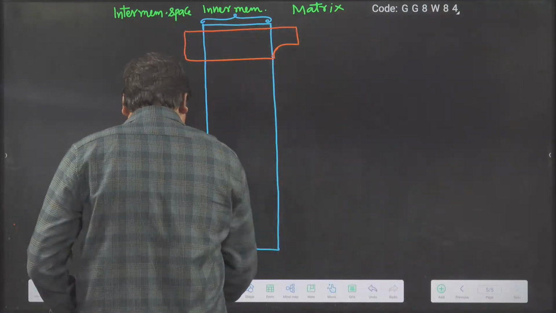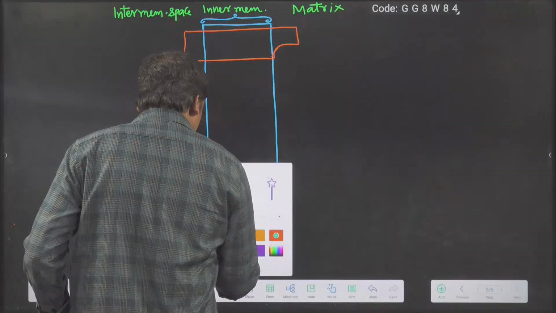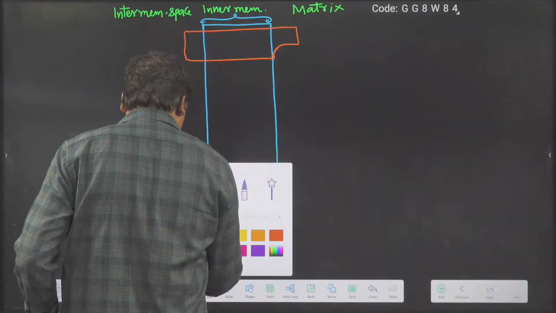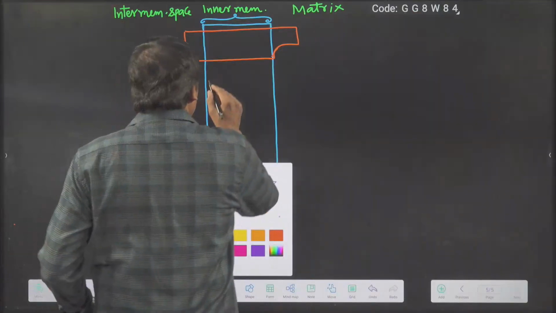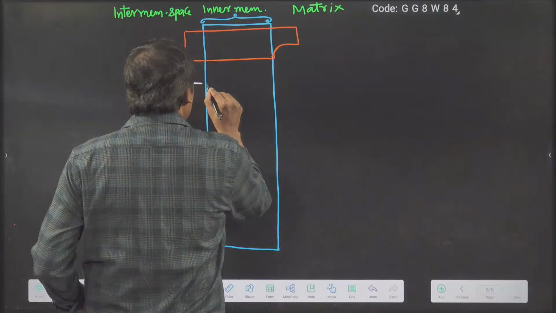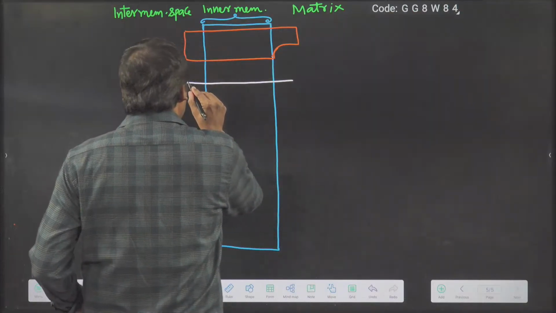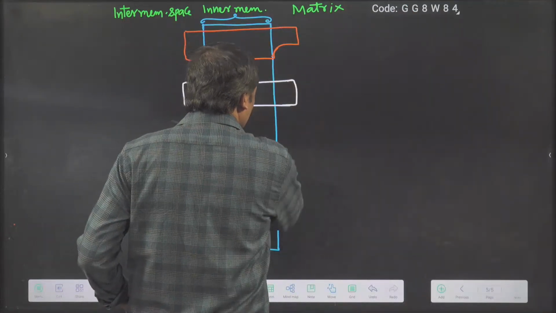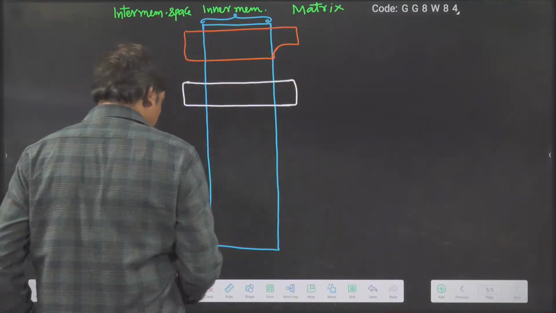I will tell you the names of the complexes also. Next, this is complex 3.